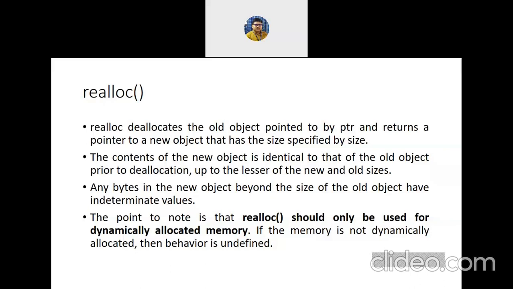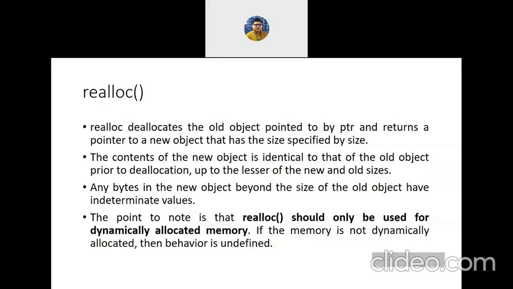Next point: any bytes in the new object beyond the size of the old object have indeterminate values. That means you are trying to allocate 2 more integers. You have allocated 5 previously, now you have allocated 7.